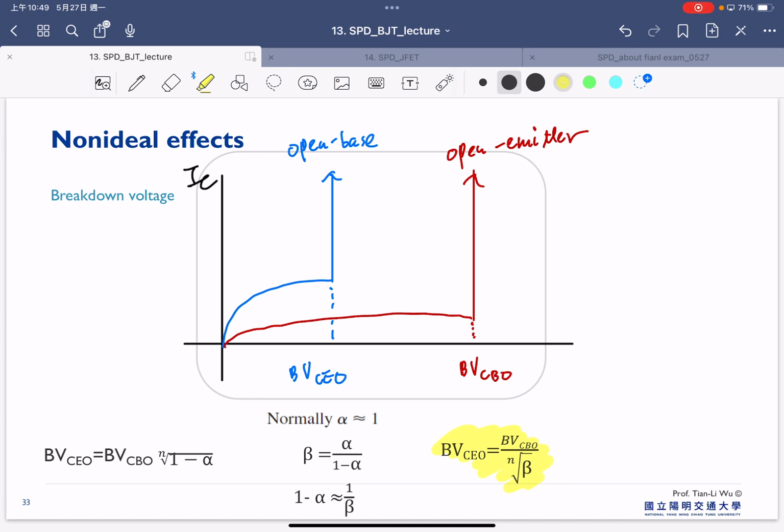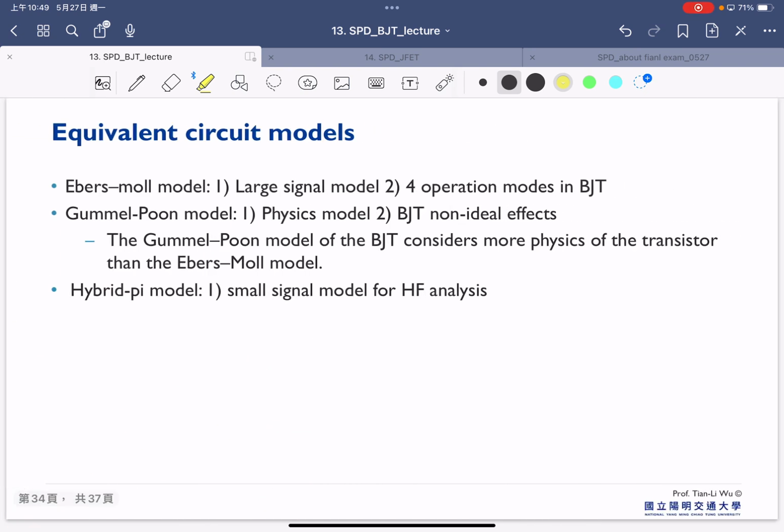And the last part is just a quick overview of the possible circuit models that are available for the BJT. The first one is the Ebers-Moll model, which is a large signal model. All four operation modes can be considered in the BJT.